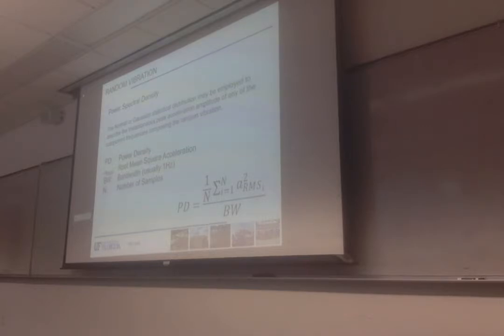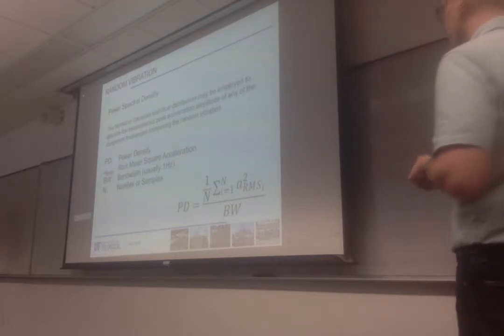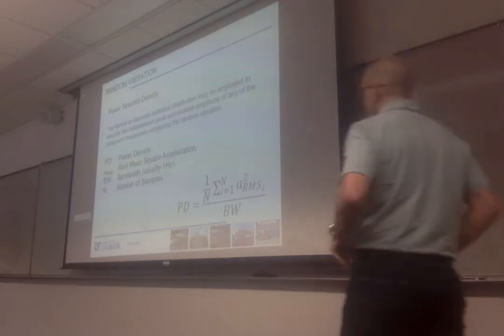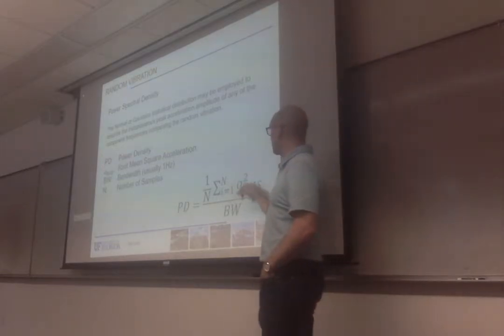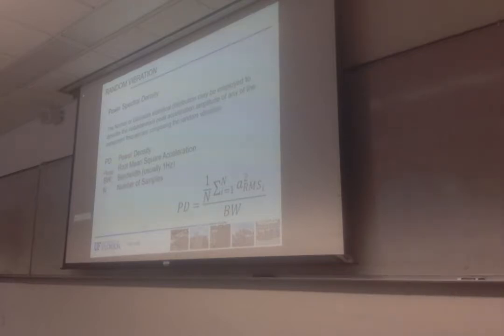So that's what's called, again, the power spectral density. And what it does, it looks at the distribution of the root mean square acceleration for a bunch of these different frequencies. And basically put it on the chart.